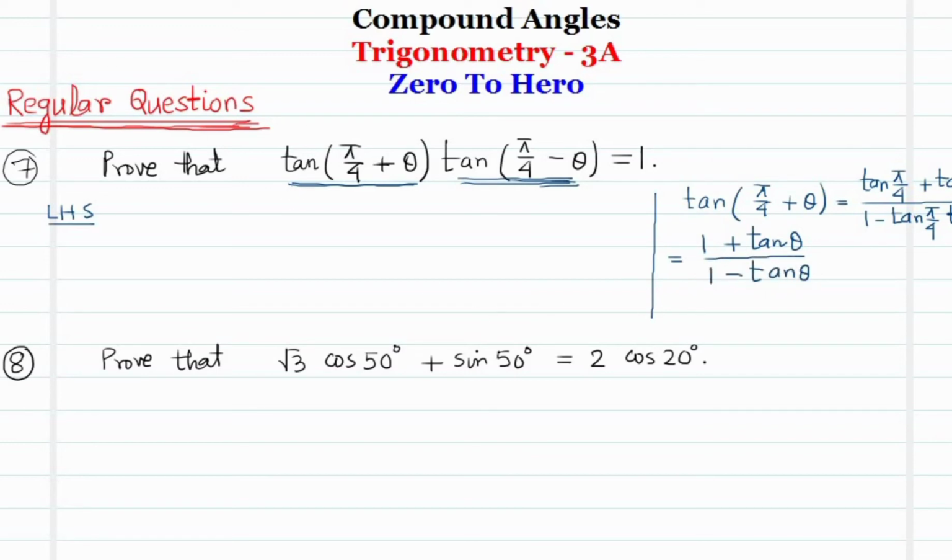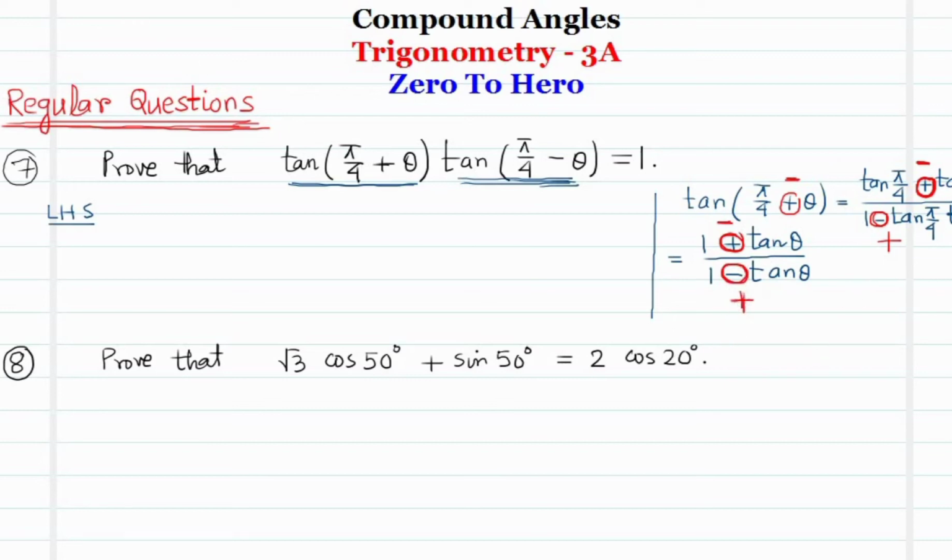Now when we will consider the second term, that is tan of pi by 4 minus theta, so here we will write minus sign. And what is the formula for tan of pi by 4 minus theta? Tan A minus tan B by 1 plus tan A tan B. So here we will write minus and here we will write plus.